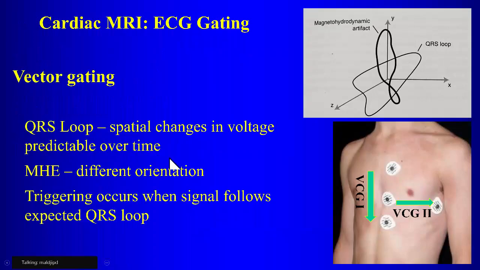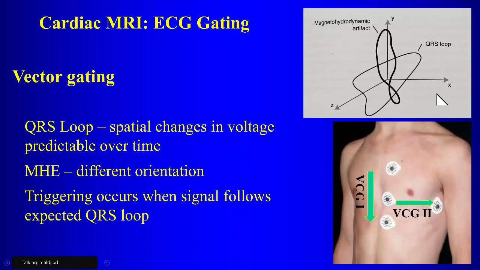To deal with this, we use vector gating. With vector gating, you'll see that the leads are set up a little bit differently than you would usually set up the leads for a normal ECG. The way vector gating works is that the QRS loop, the spatial changes in the voltages, are predictable over time.